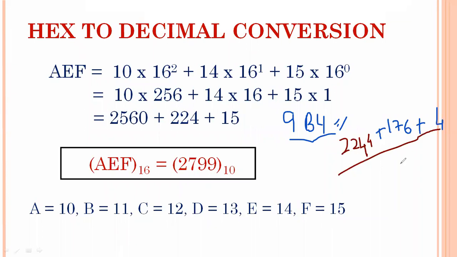Yeah, it will come 2424. So Shamid has given 2484. Shamid, I think it is 2424. Just check it once.